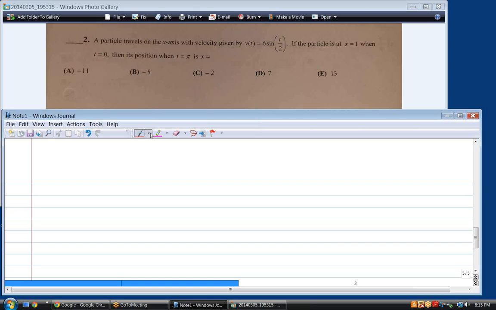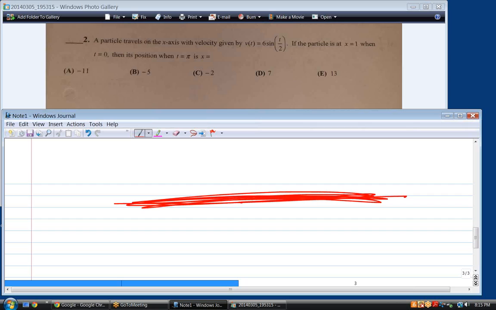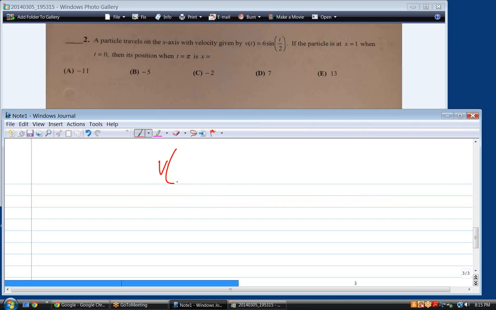Okay. Mm-hmm. All right. So a particle travels on the x-axis, meaning it goes like that, with a velocity function of that.